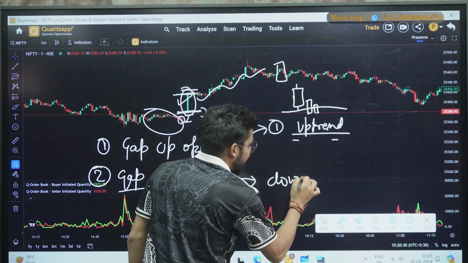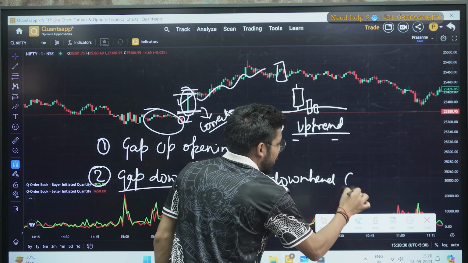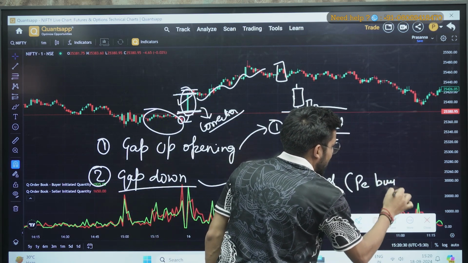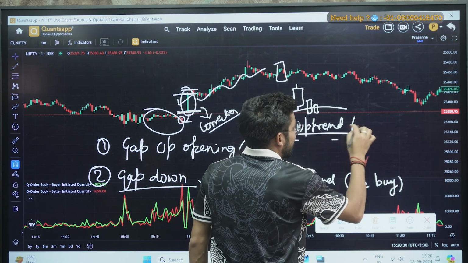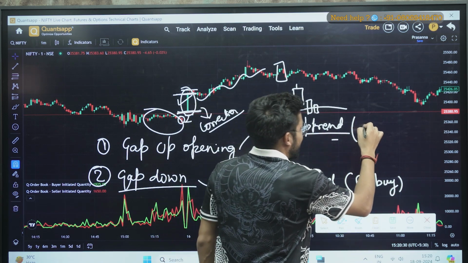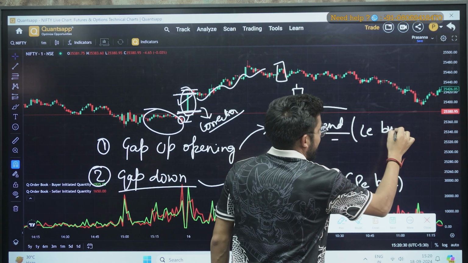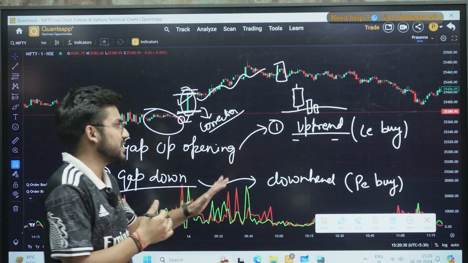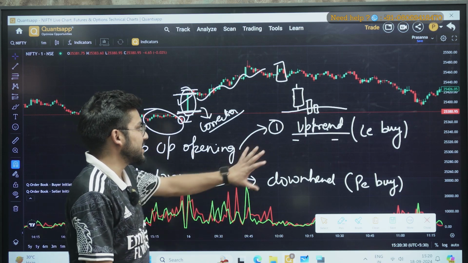So at that time you will go with put buying, and in the above section you will go with call buying. Got it? You will never go with selling if you're going for scalping, basically, right? So these are the two scenarios.